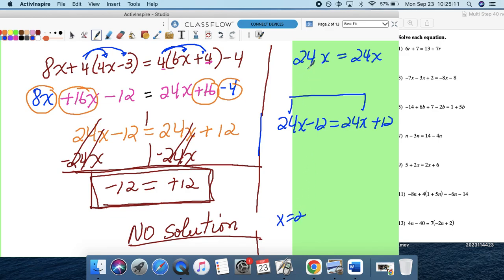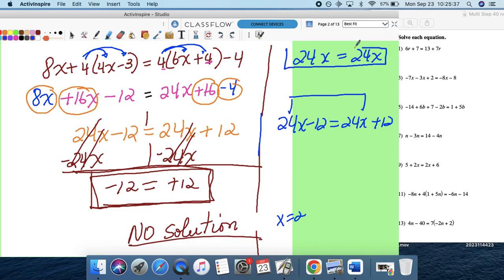If x was 2, this would be 24 times 2, and this would be 24 times 2, and they both equal 48. Everybody okay with that? If x was 3, it'd be 24 times 3, and on the other side 24 times 3, and you would get 72. So it doesn't matter what you put in for x in this scenario.